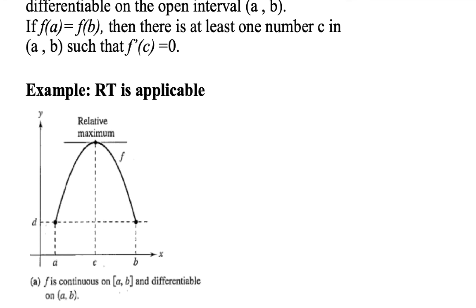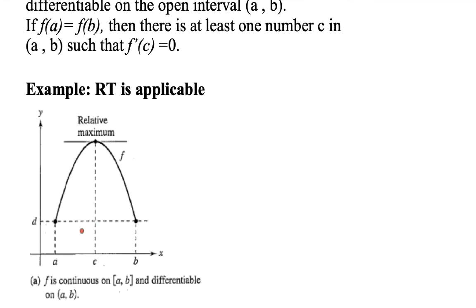This first one is a graph of a function which is basically an upside down parabola, a graph of a quadratic equation. When you look at this one, clearly you see the function is continuous, and it is differentiable in the interval a to b. Also, the function value at a is the same as the function value at b.